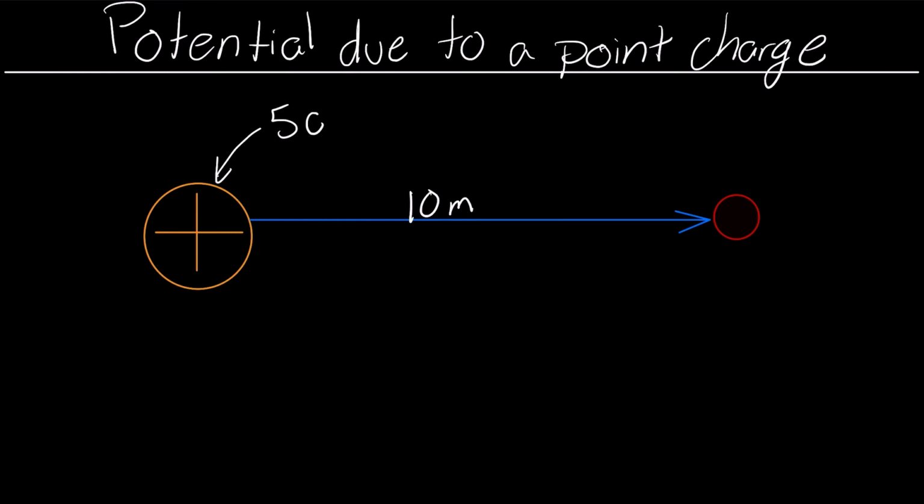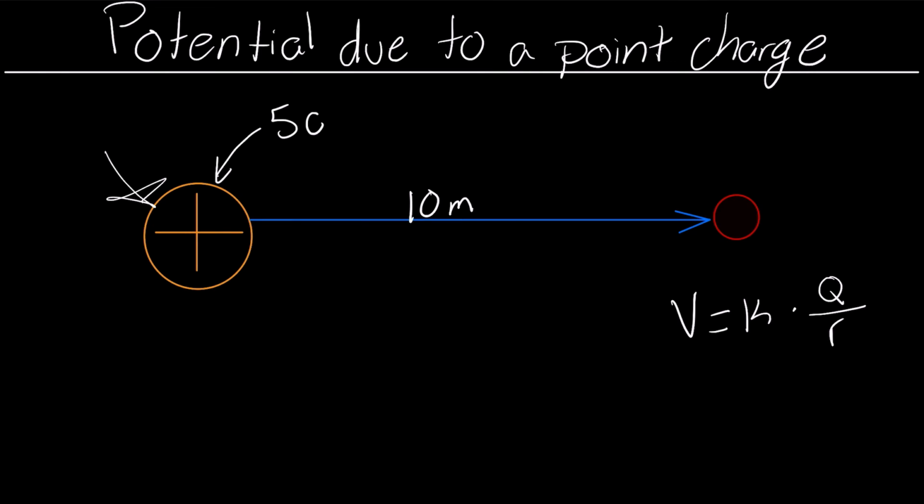Now, the formula for electric potential created by a charge is V equals K, which is an electric constant, times Q, which is the charge, which is this guy over here, and that is divided by R, which is the distance from the charge to the point that we're measuring, which once again is this blue line right over here.